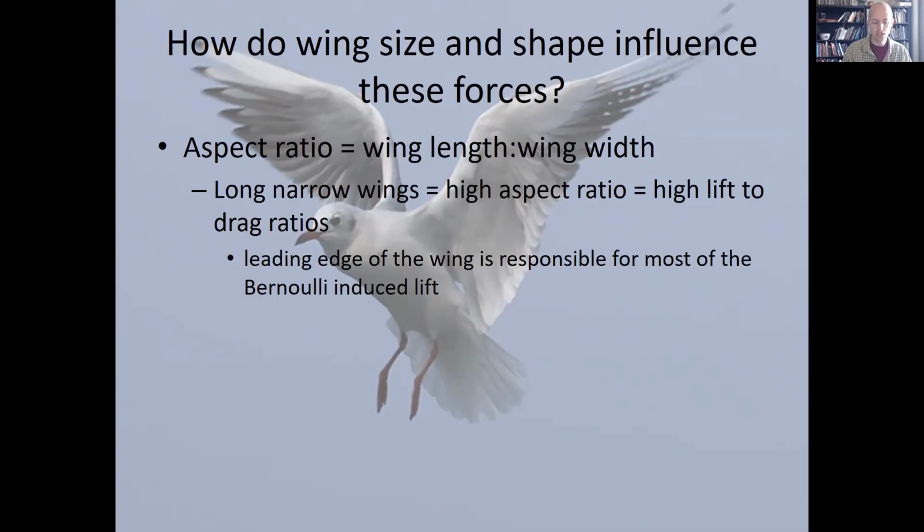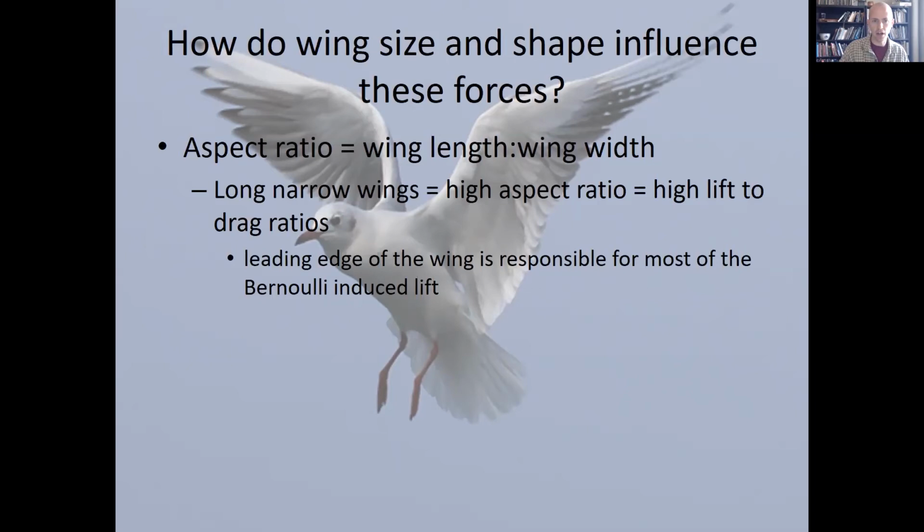Well, we take all of this together and put it together in one little package that we call aspect ratio. And the aspect ratio is saying how long is a bird's wing and how wide is a bird's wing. And so if you have wings that are long and narrow, we say that those are high aspect ratio wings, so that the ratio of length to width is a big difference, right?